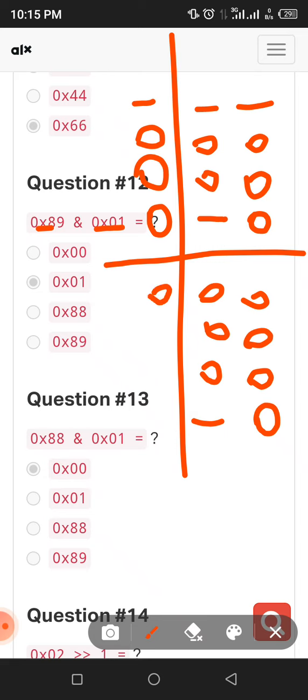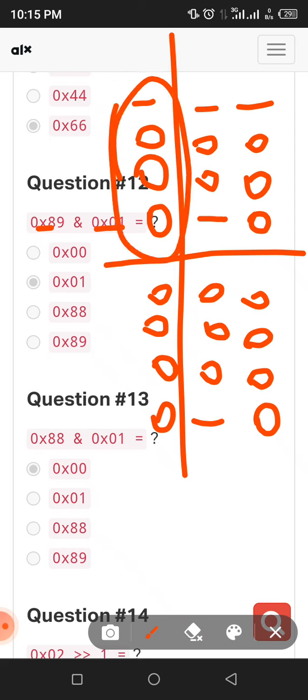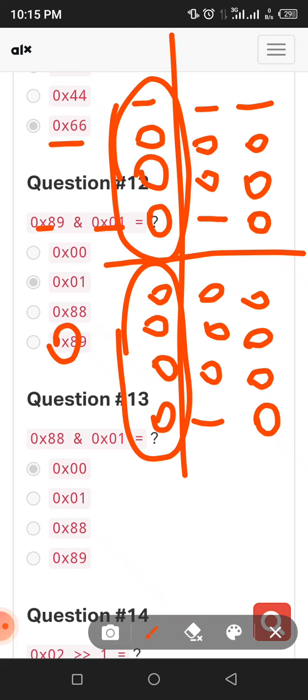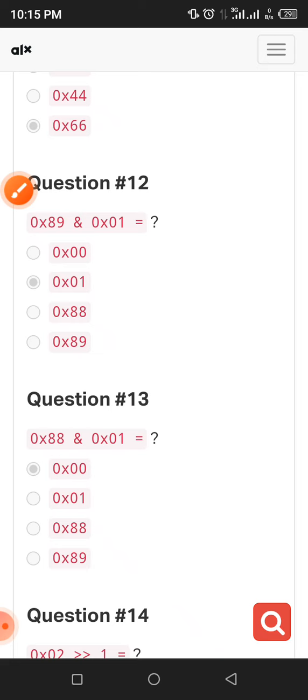We end up having one person meeting here. So for this particular one we have 1, and for this particular one we have 0. So our answer is going to be 0, 1. The correct answer here is what we have here as 0, 1.